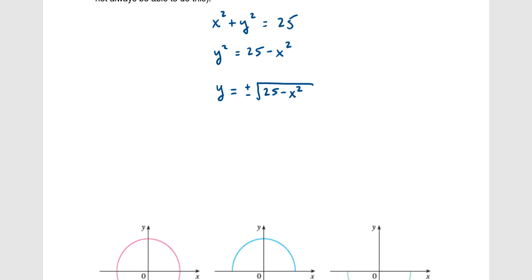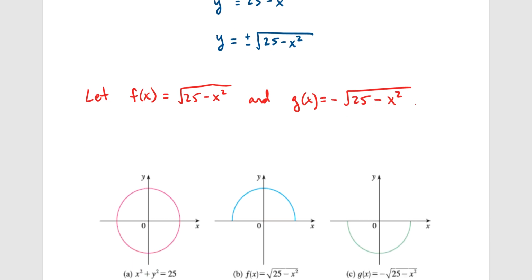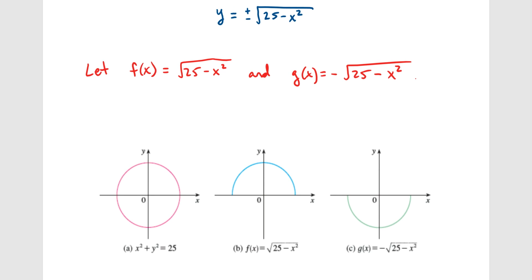So we could think of this as two separate functions because of the plus or minus. One of them is the positive one, the other one's the negative one. So let's let f of x be positive square root 25 minus x squared, and g of x be negative square root 25 minus x squared. And you can see the pictures here. The one on the left is x squared plus y squared equals 25. That's the circle, the equation that we started with.